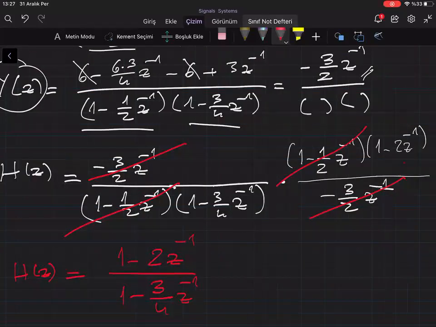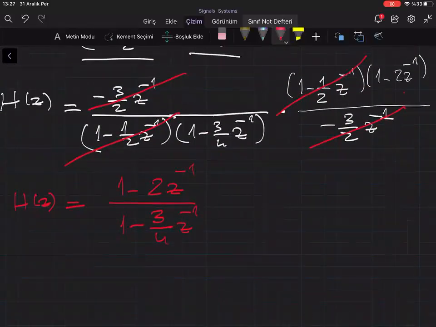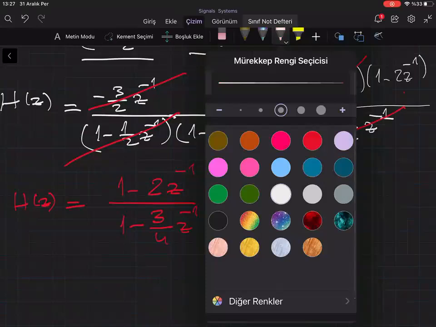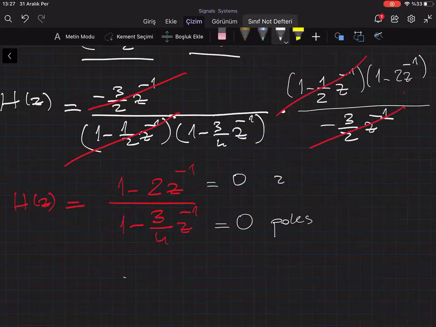So now what is our next goal? I want you to find out the poles and zeros, right? How do I find the poles? By equating this to 0, right? For zeros, equating the numerator to zero is going to give me the zeros. Can you tell me what the zeros are?